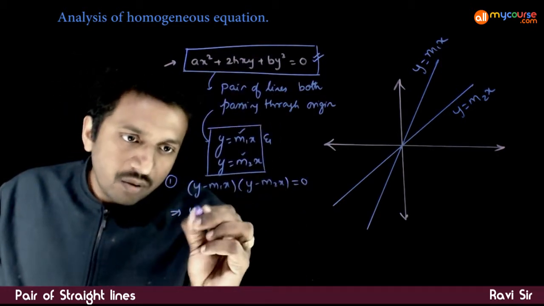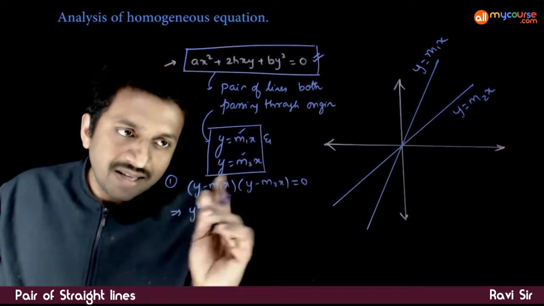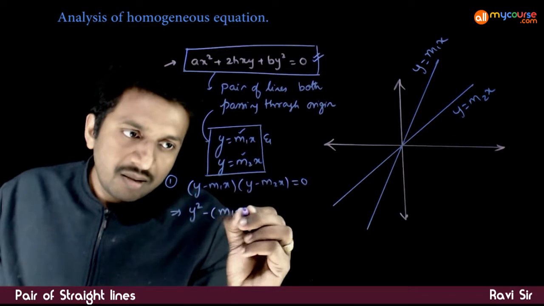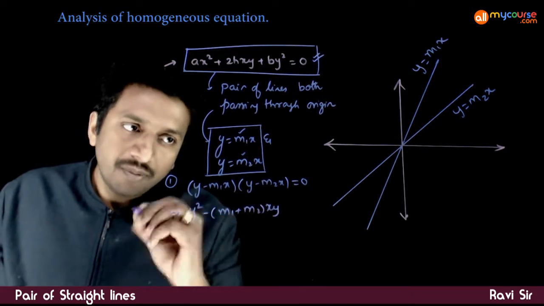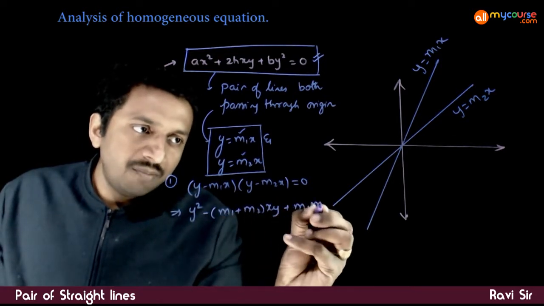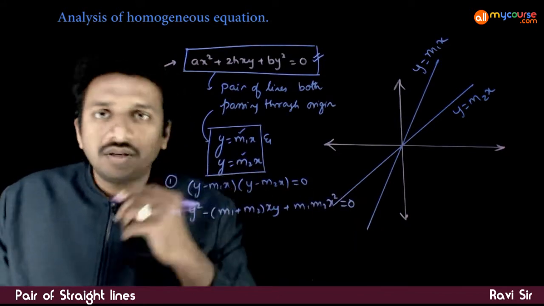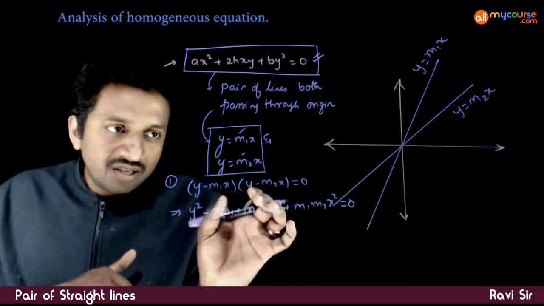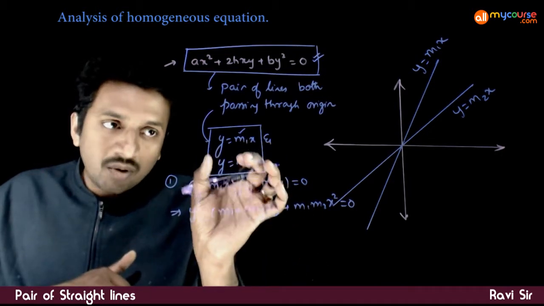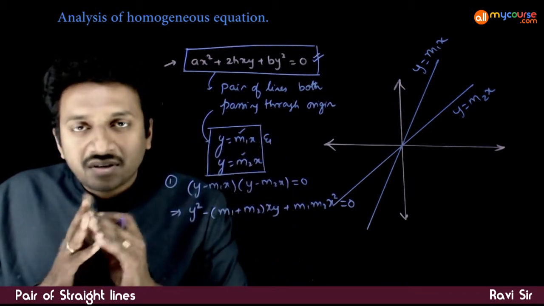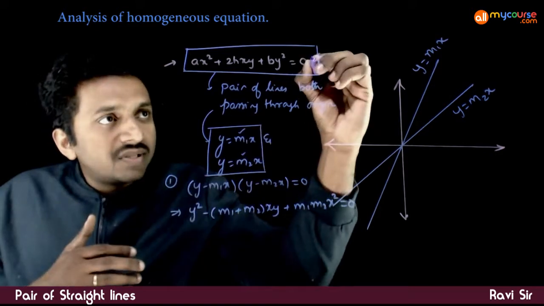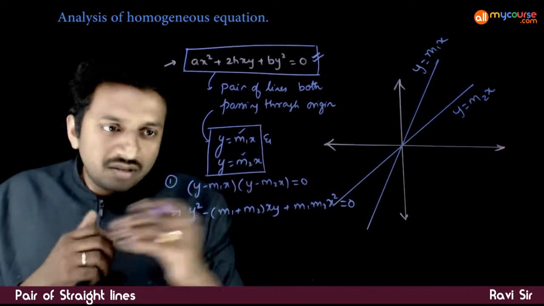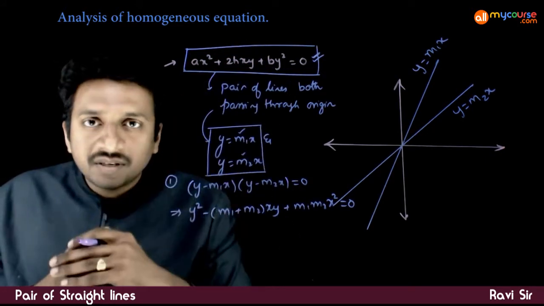This implies y square minus m1xy minus m2xy, that is y square minus (m1 plus m2) times xy plus m1 m2 x square is equal to 0. So this is the equation of the pair of lines y equal to m1x and y equal to m2x. Again, I am saying that this also represents the pair of lines y equal to m1x and y equal to m2x. So these two lines have to be exactly same.